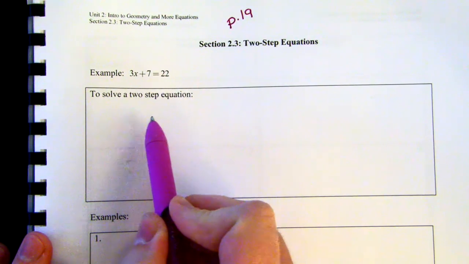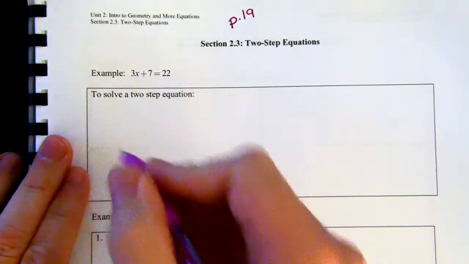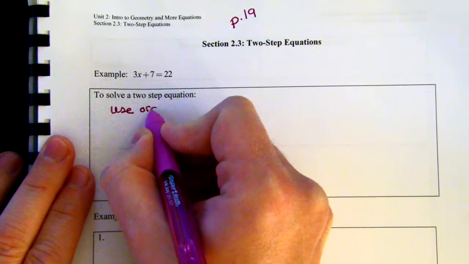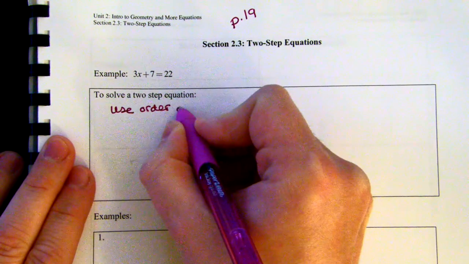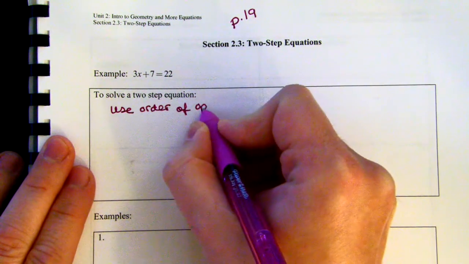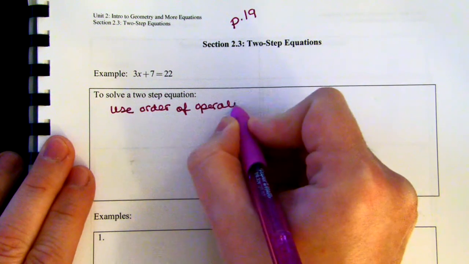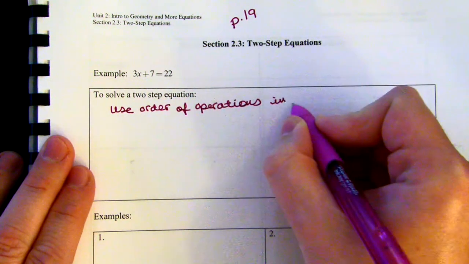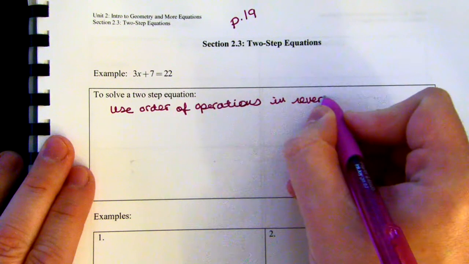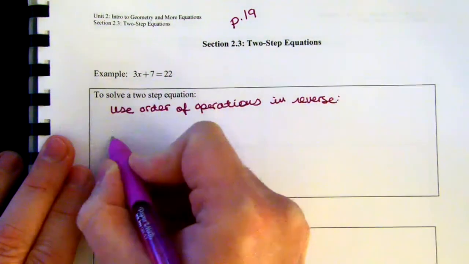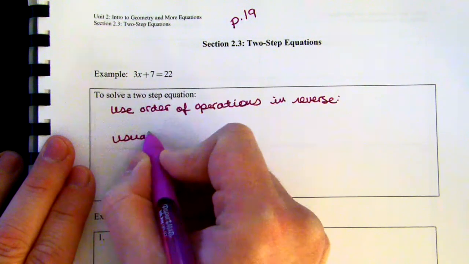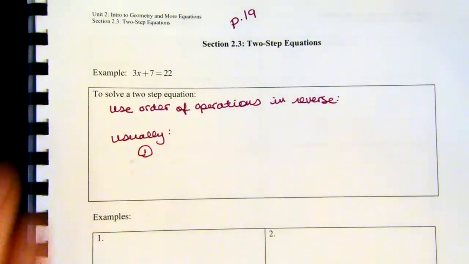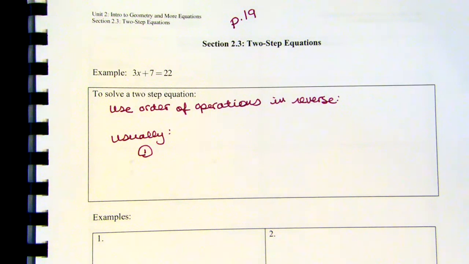To solve a two-step equation, basically what I need to do is use order of operations in reverse, which means usually, I'm going to write all the notes and then I'm going to pause the video so you can copy everything down.